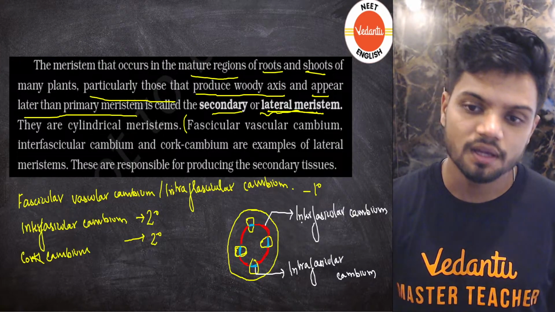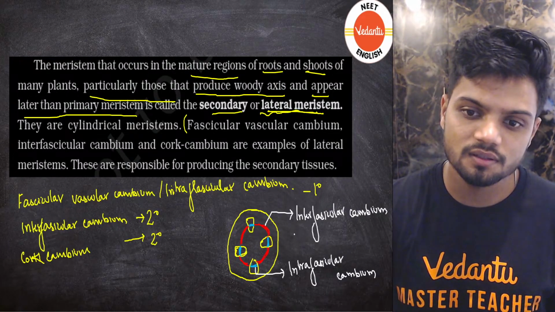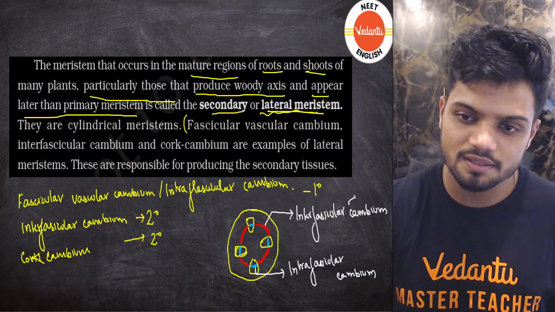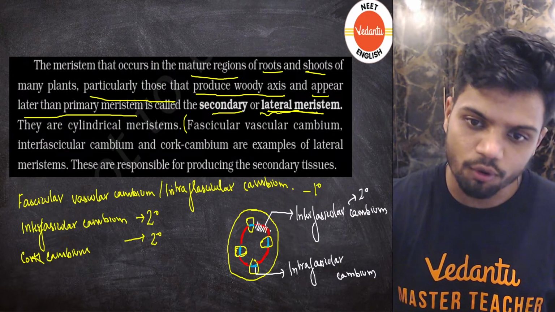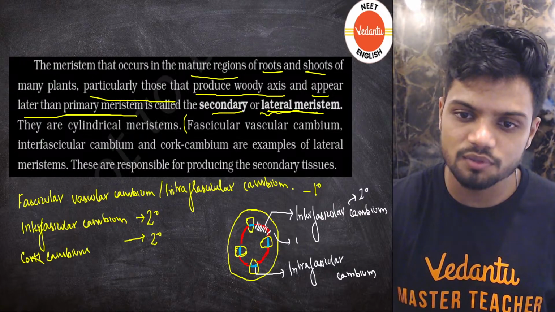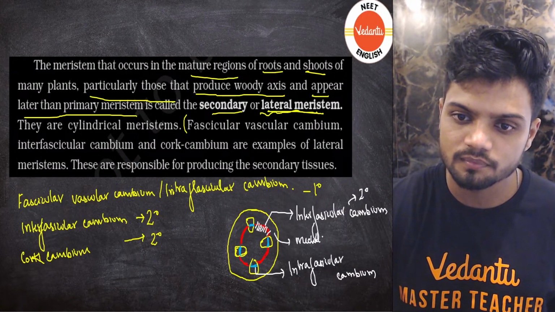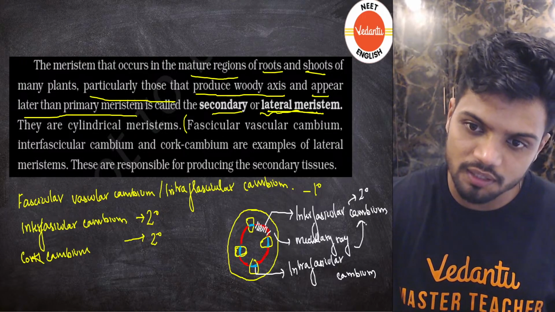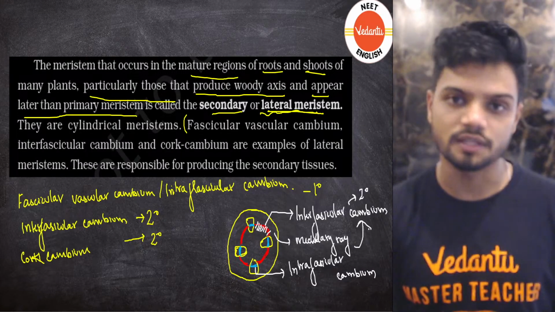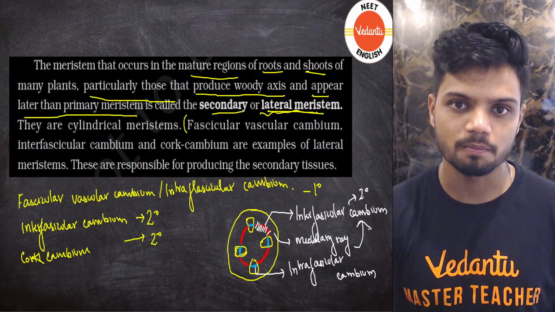Now, what is the difference? Interfascicular is secondary in origin. Why? Because in this spot right here, before we had something called medullary rays. The medullary rays got converted to interfascicular cambium, secondary in origin.